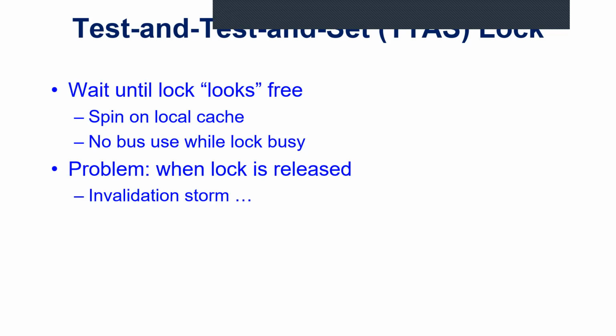Next, the problem. Here the problem is the invalidation storm. How does the invalidation storm happen? When a particular thread releases the lock, all the threads trying to acquire the lock perform the get and set operation, or test-and-set operation, on that variable, which causes the invalidation storm.